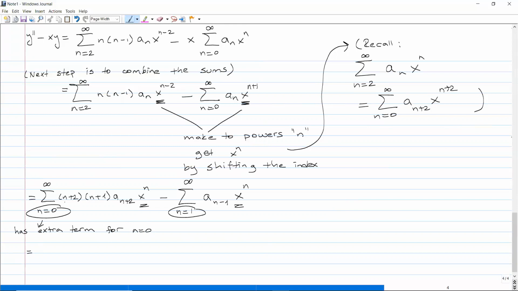If you take n equals 0, n plus 2 is going to be 2, n plus 1 is going to be 1, and a n plus 2 is going to be a2. So we have 2 a2, and x to the 0 is always 1. So the first term for n equals 0 is 2a2, and the rest of the series now, n starts from 1.